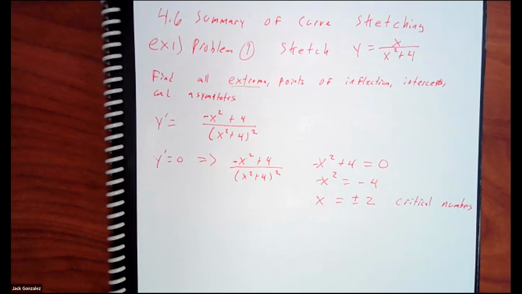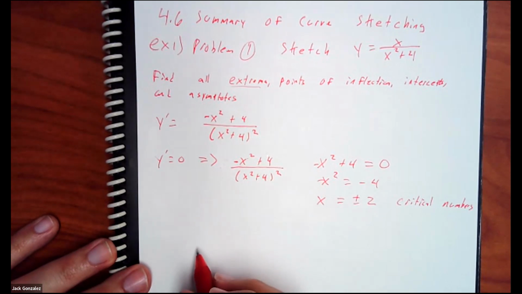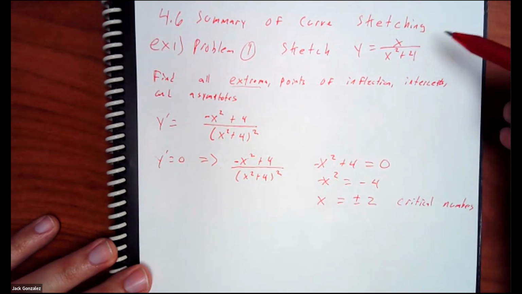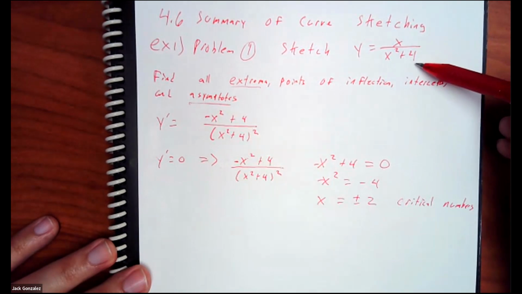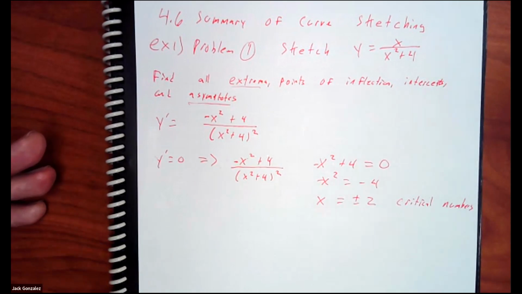It cannot subtract 4. So there's no asymptotes to worry about, at least not vertical. There might be a horizontal. No, I don't think so. Anyway. But yeah, the asymptotes usually depends on what makes the bottom 0. But in this example, we don't have to worry about it.